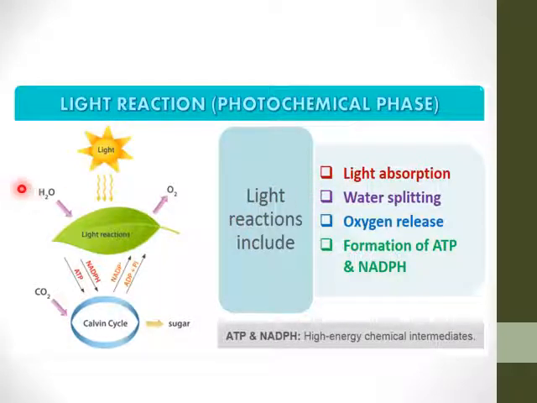Then there is water which will be splitting into hydrogen ions, and oxygen is liberated as a byproduct, and NADPH and ATP are being synthesized, which will be used by the dark reaction for the synthesis of sugar with the help of CO2, or with the reduction of CO2. So one by one we will discuss the steps which are involved in the light reaction.